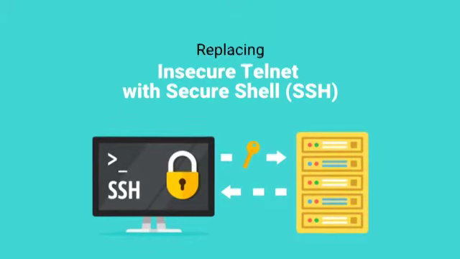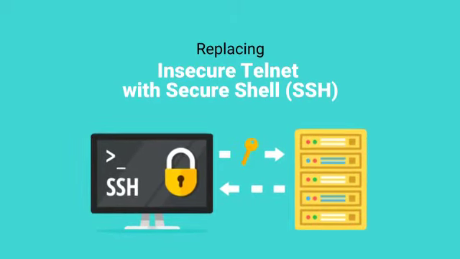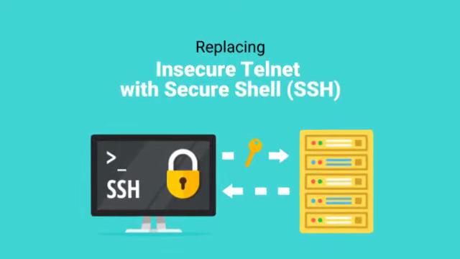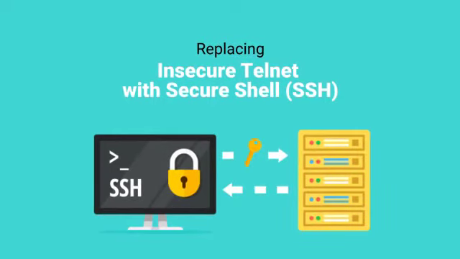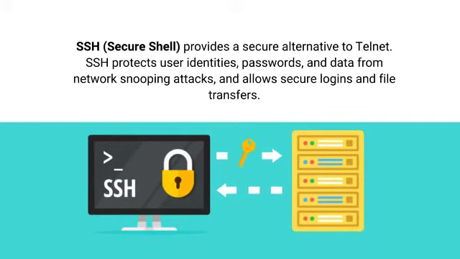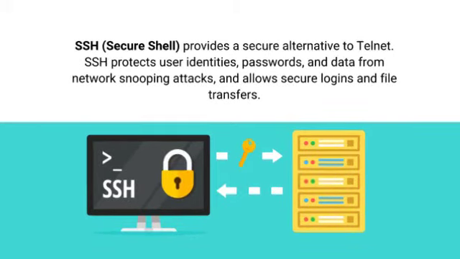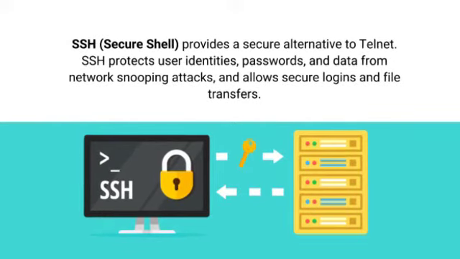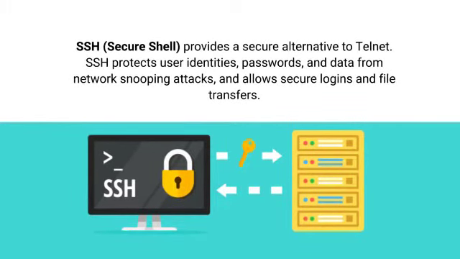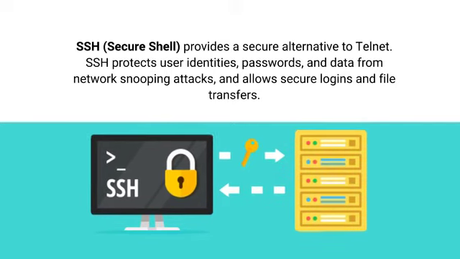Now, replacing the insecure Telnet with Secure Shell. We have already seen an example of eavesdropping in Telnet connectivity. So, how can we replace the insecure Telnet with a secure shell, called SSH? Secure Shell provides a secure alternative to Telnet. SSH protects user identities, passwords, and data from network snooping attacks and allows secure logins and file transfers.